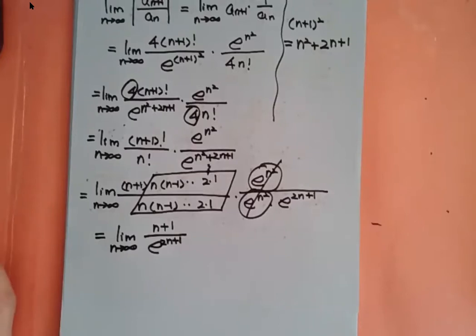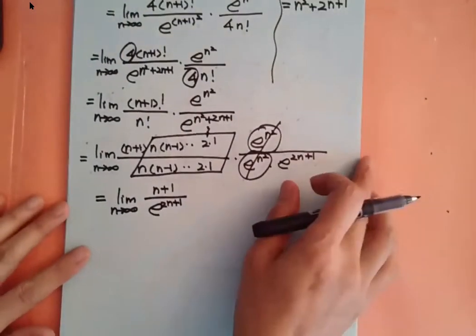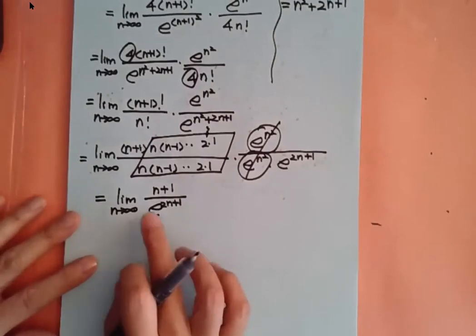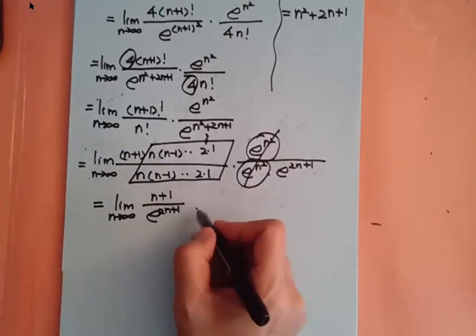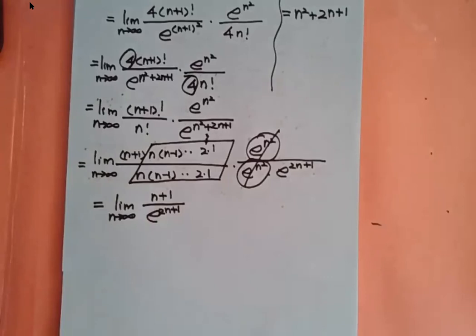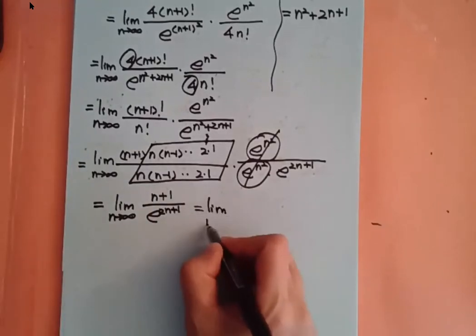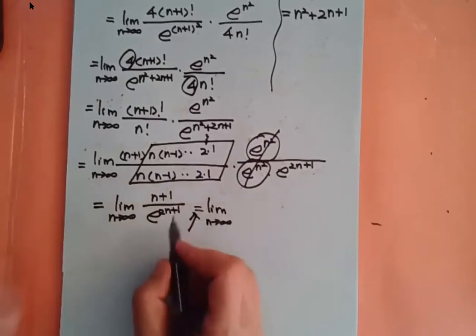So of course, if you think about the pattern of growth, the denominator grows a lot faster. So the limit would obviously approach 0, but we can apply L'Hopital's rule for rigor.